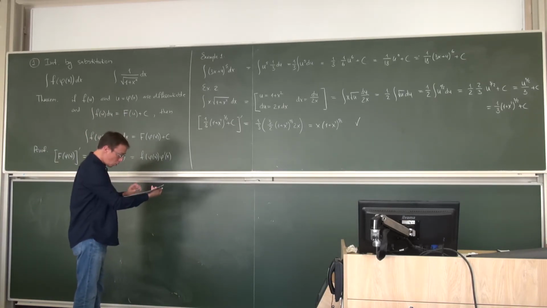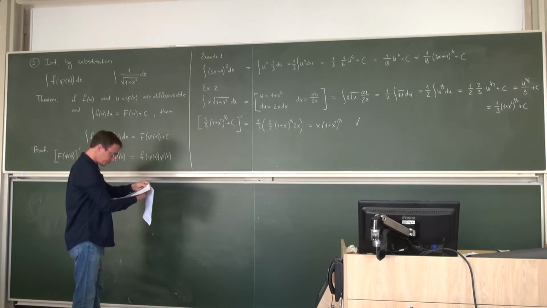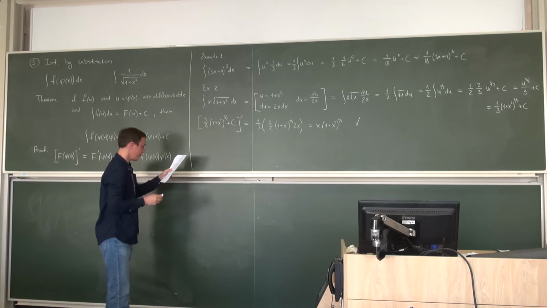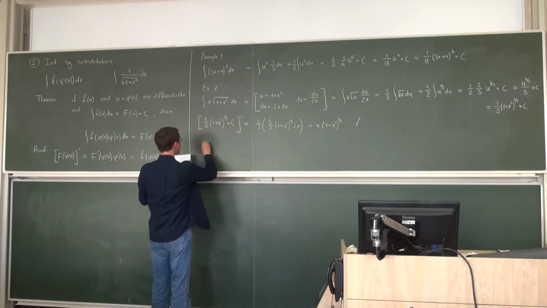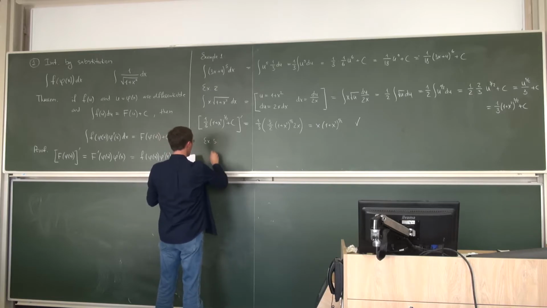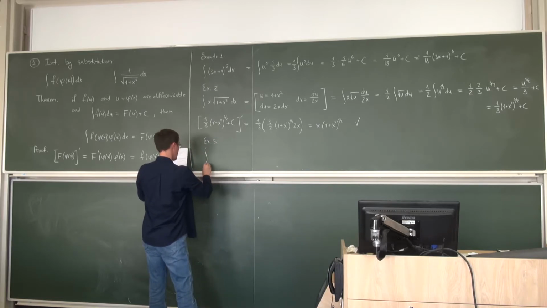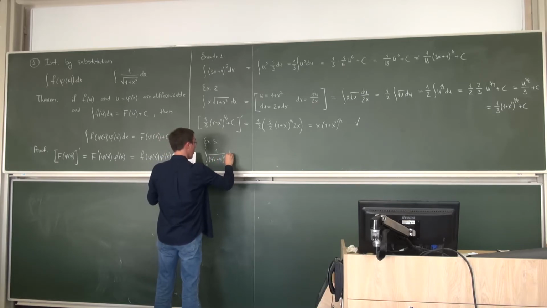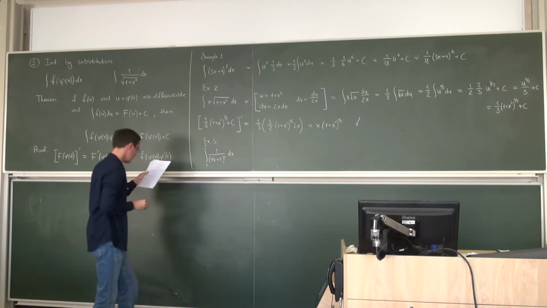An even more complicated example, this one with explicit limits. So example 3, integral from 0 to 1 of (4x plus 5) to the power of minus 4 dx.